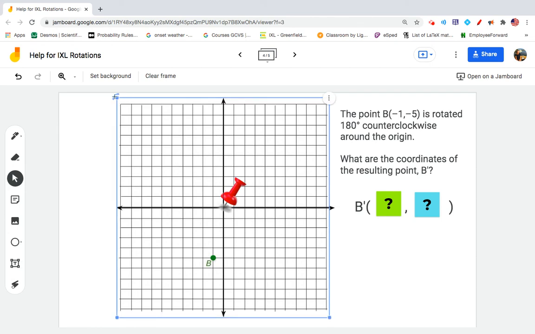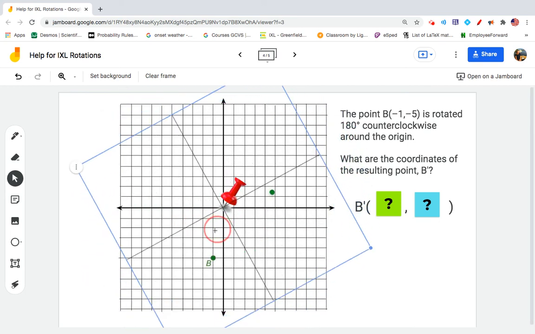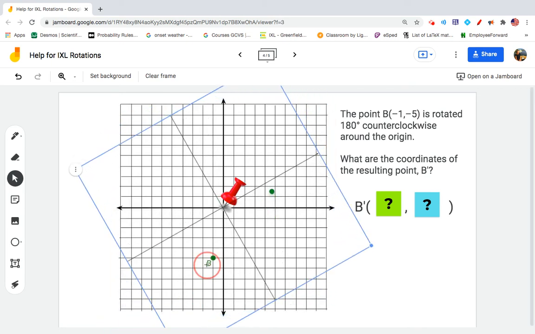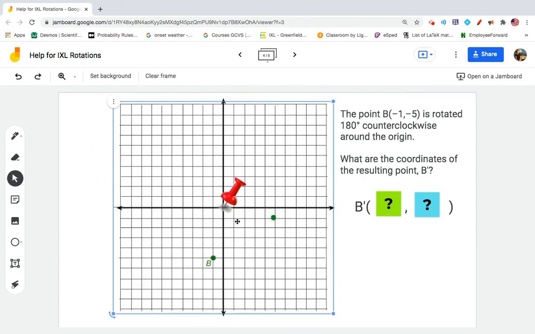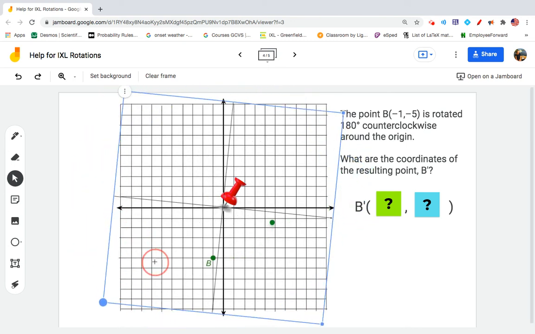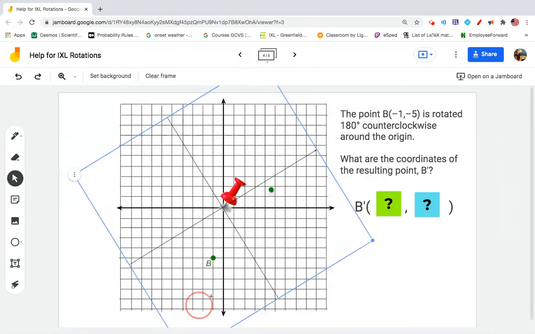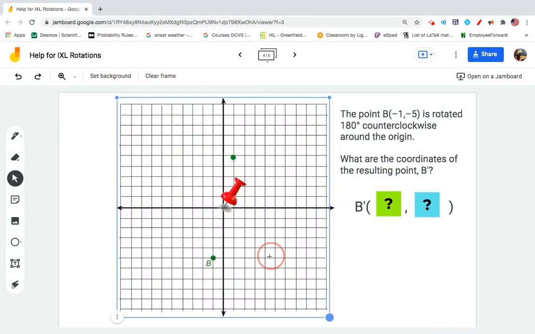Well, we're going to go 90 degrees first. 90 degrees counterclockwise is right there. Now we'll do 180 degrees, which is 90 degrees more. So I'm going to do that again. So we're going to go 90 degrees counterclockwise, and then another 90 degrees counterclockwise. And we're going to land right there.